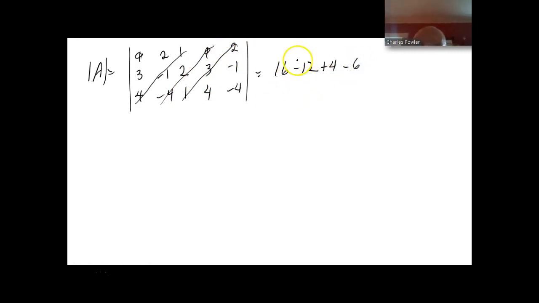Okay, we add those together. 16 plus 4 is 20, minus 18 equals 2. Yep, that's what they got. Much easier way to go.